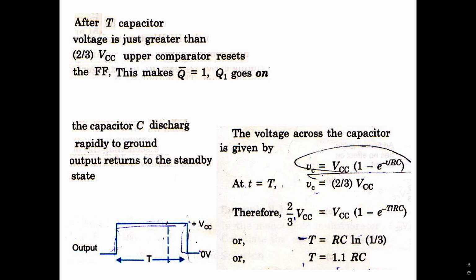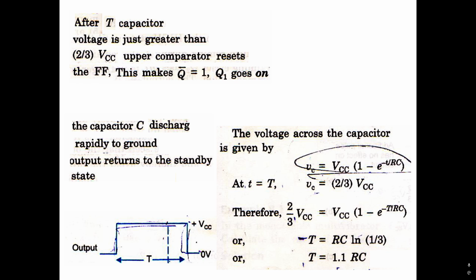The voltage across the capacitor is given by Vc equal to VCC times (1 minus e to the power of minus t by RC). At time t equal to capital T, that is the period, Vc equal to 2/3 VCC.